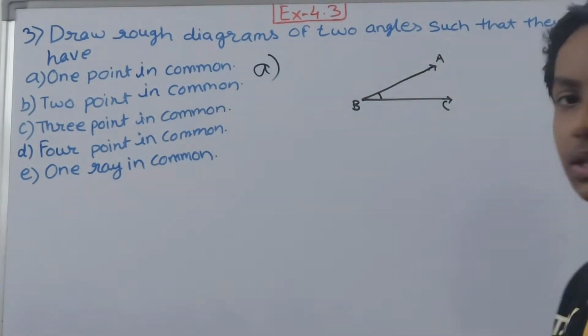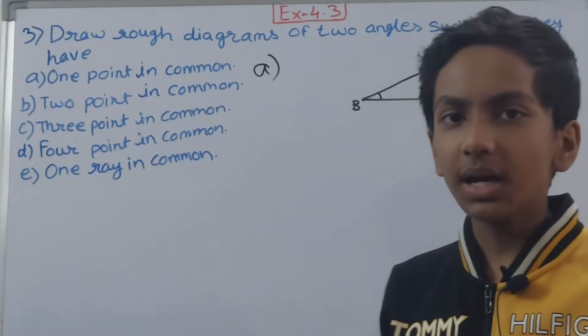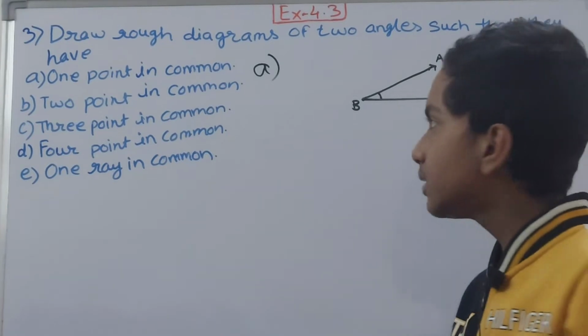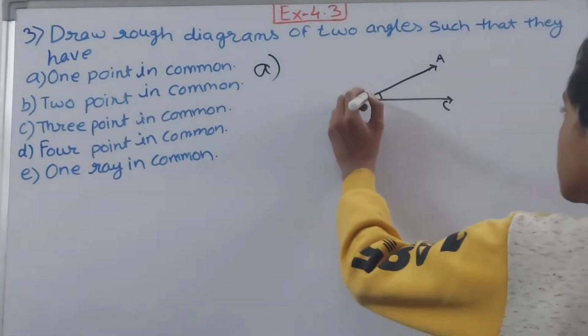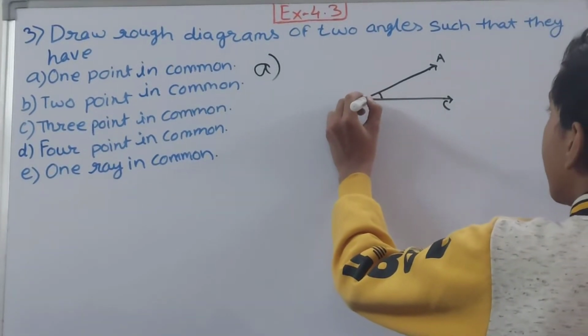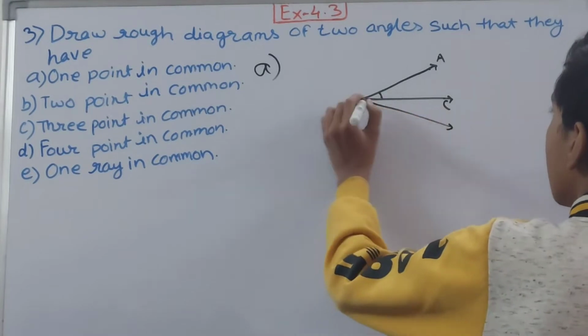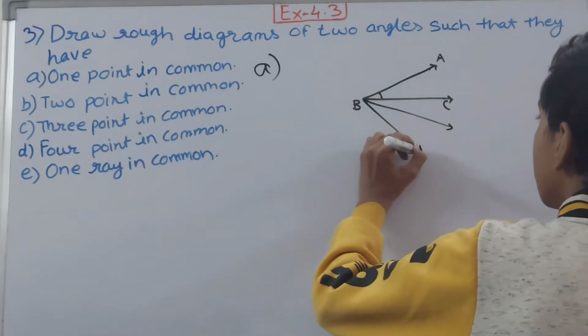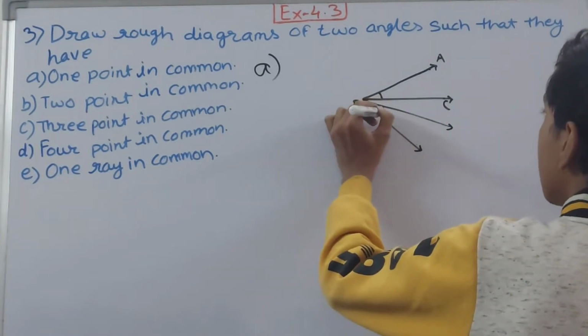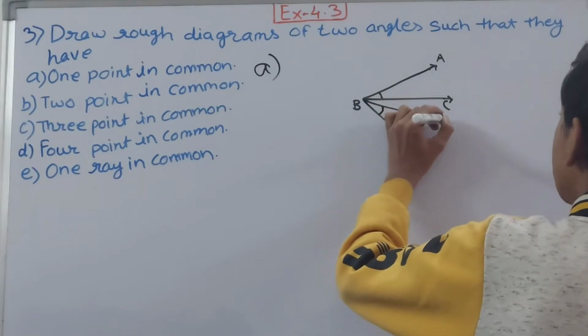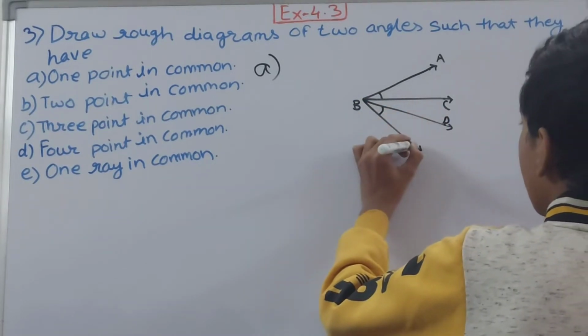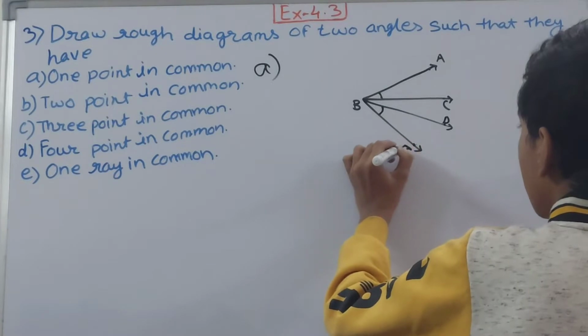Now we have to make another angle. If I start again from this B point and make an angle here, and make one ray here, and call this also an angle, let us say D, and this point will be E, right?